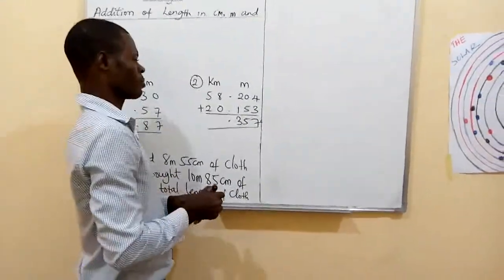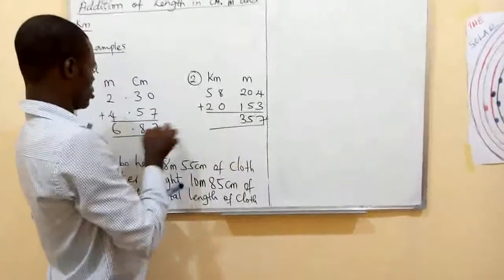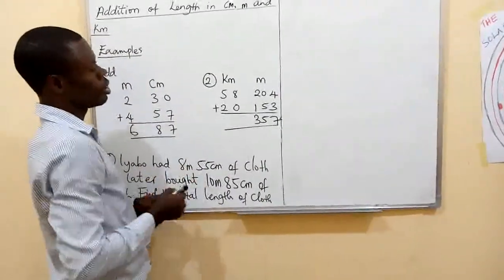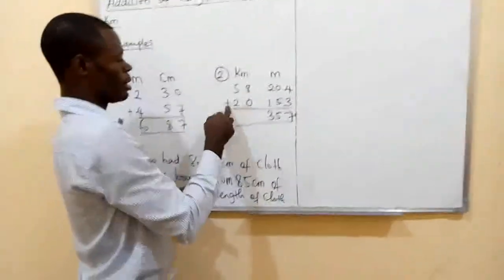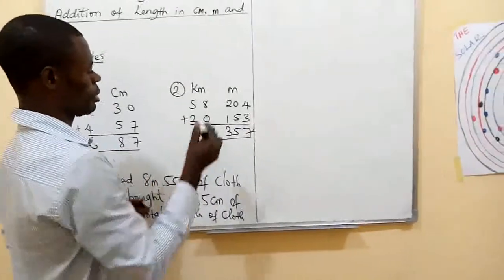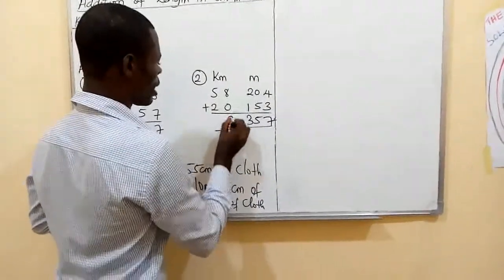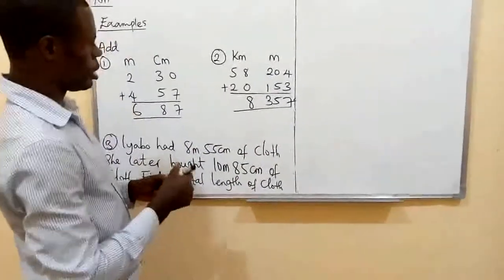Alright? So now, move to the next column. We have here 8 plus 0. Any number plus 0 is that number. So 8 plus 0 is what? 8.